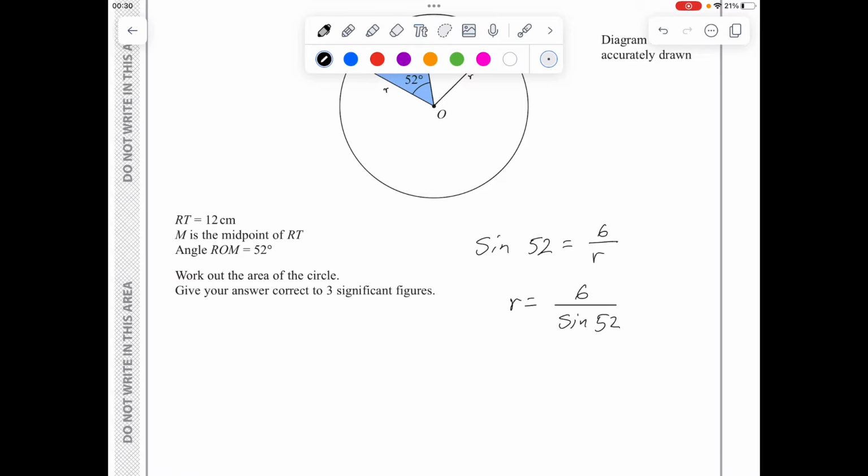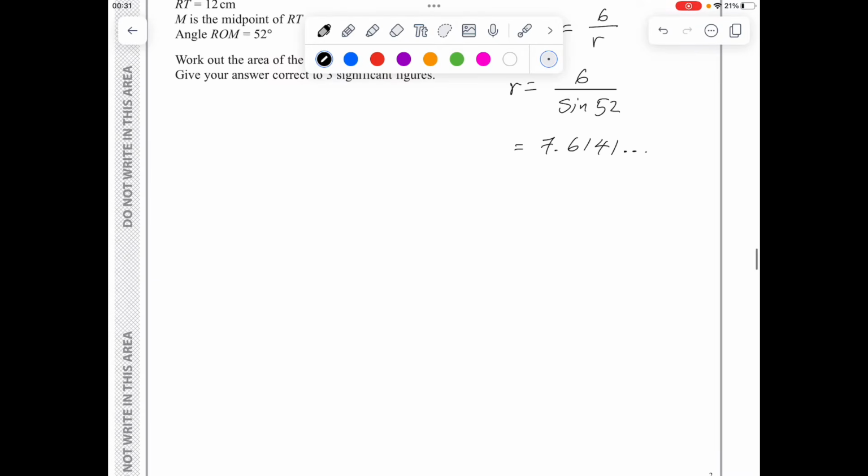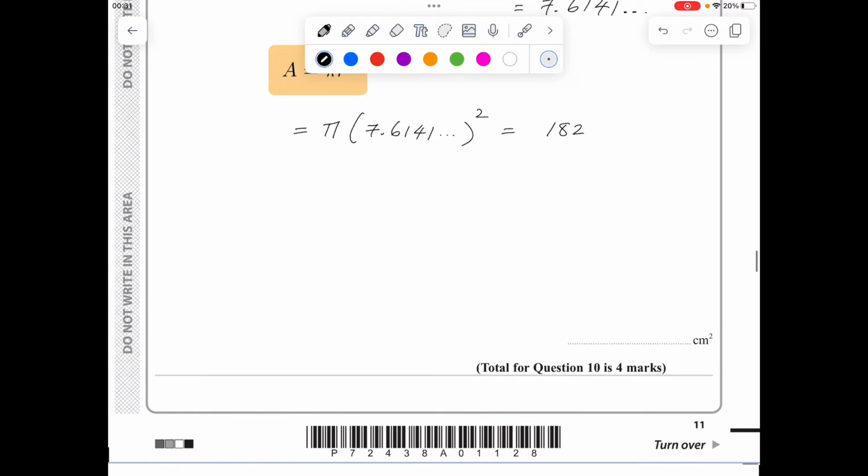Put this on the calculator and you'll get an answer of 7.6141 and so on. And then to find the area of the circle, I'll just use the following formula. Let's plug in the values. This will give me pi times 7.6141 squared, and this comes out to 182, correct to 3 significant figures.